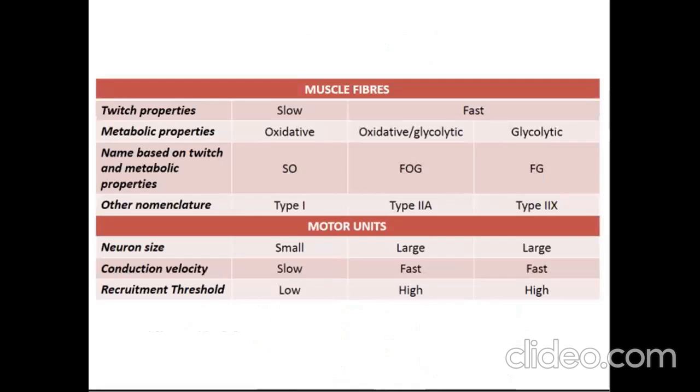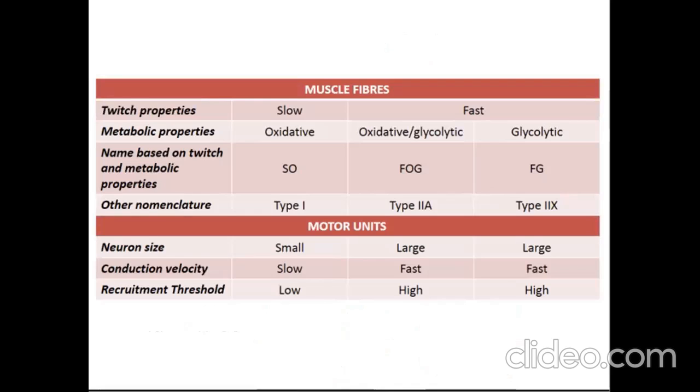Here in this table, we have a summary just for you to remember and understand this better. The smaller motor neurons that activate slow twitch fibers are small. Therefore, we have a low recruitment threshold.